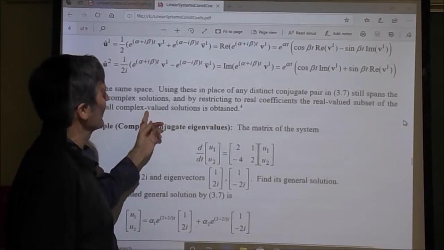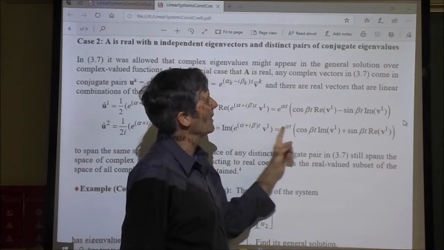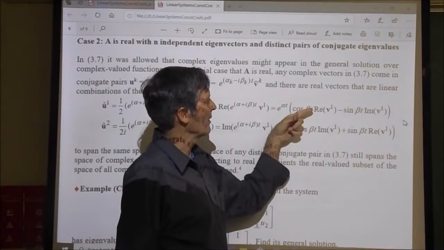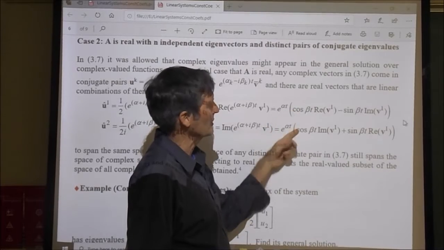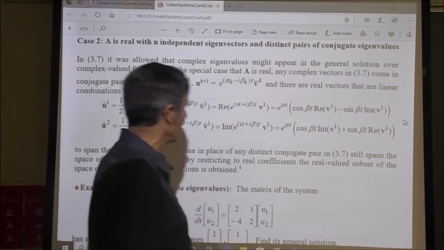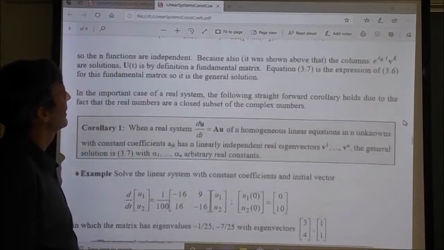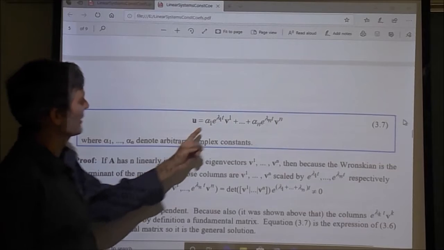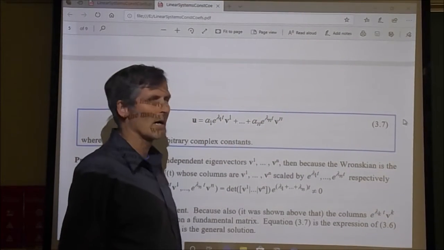Oh, and the point of this is that now look at, these are real valued functions. So we found two functions that are real valued that are also solutions. If we take the arbitrary linear combination of these, we'll also get all solutions. But let's go back up here. If we use those two real solutions, how can we get all complex solutions?